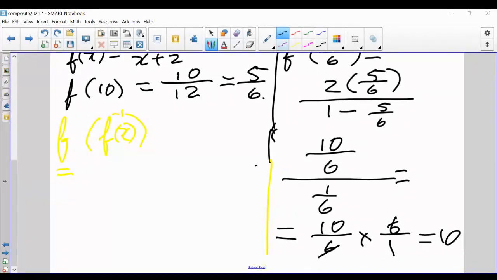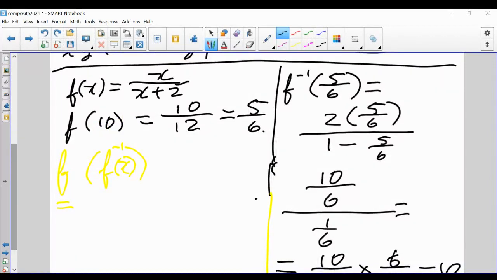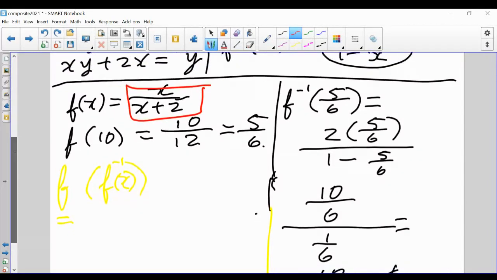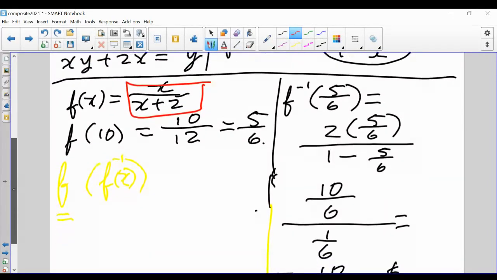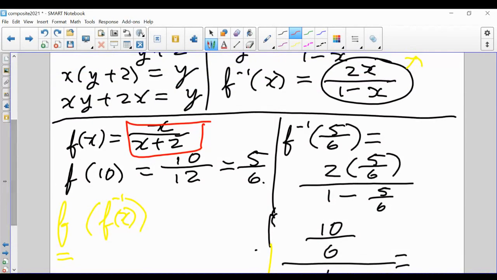I'm sorry about that. So remember what my function is. In fact, let's put them both side by side. The f of x function is right here, so it's not too far away. And the one that I'm going to put into it is this one right here, which is 2x over 1 minus x.